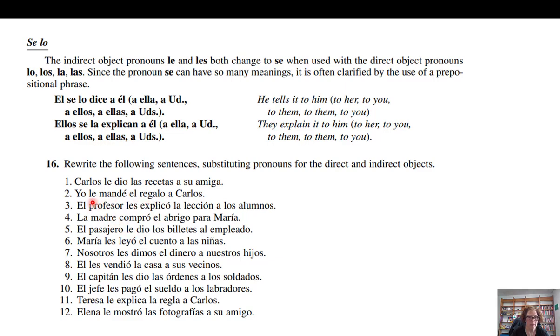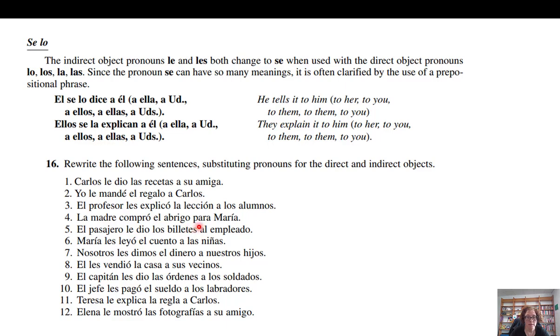So yo se lo mandé. La lección, el profesor se la explicó. El abrigo, la madre, we don't have the pronoun but we need it, se lo compró.